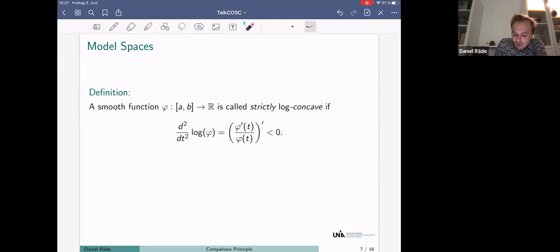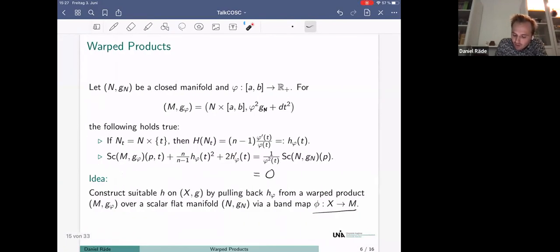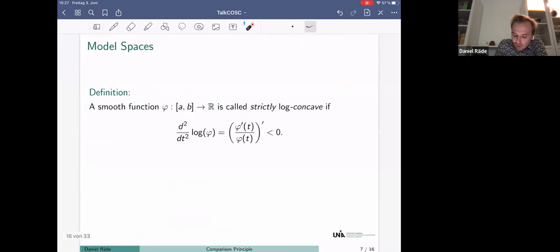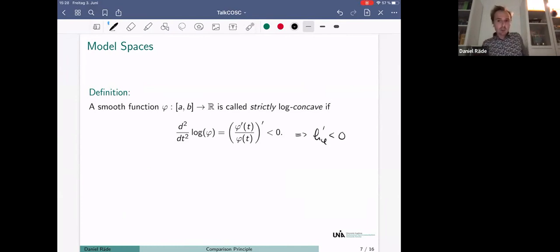The first derivative of log phi is phi prime over phi, which we already saw in the definition of this H. Therefore, if you have a strictly log concave warping function, then H_phi prime is negative. So this potential on the warp product is strictly decreasing.